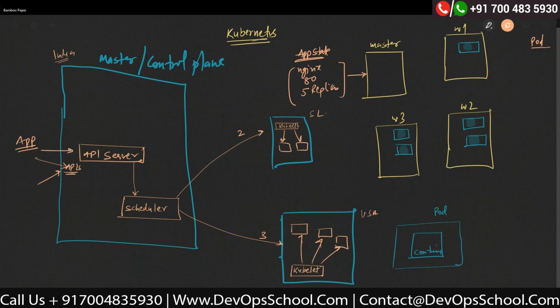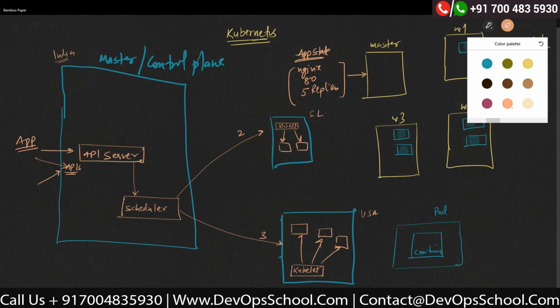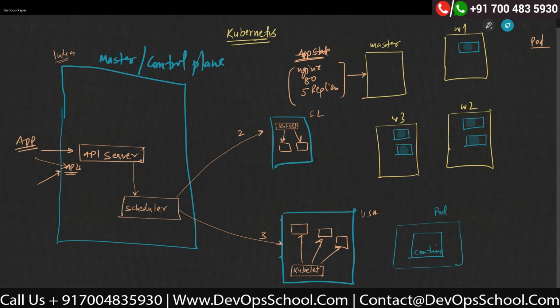Now, once this is done, well, API server also keeps an eye on the state of your cluster. Otherwise, how will it know that 1 pod is missing or 1 node is down, right? So that state is stored in something called a key value data store called etcd.